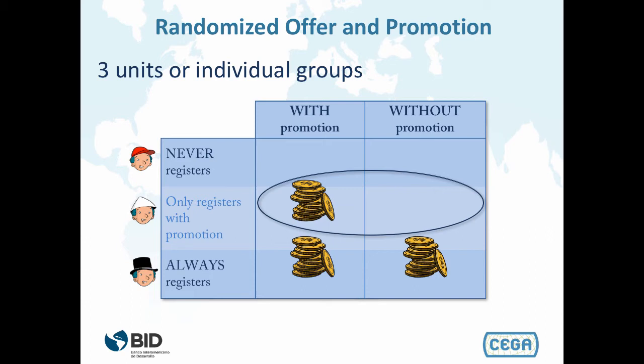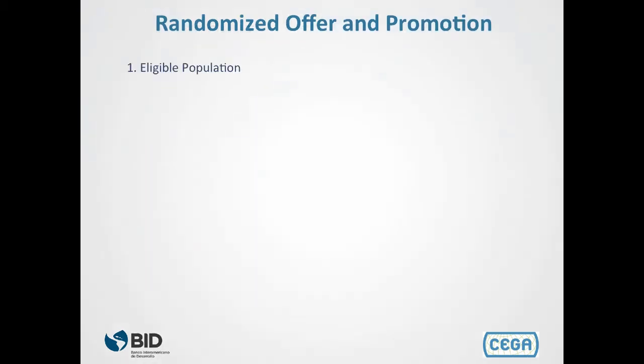The red hats never register, with or without promotion. The black hats are the group that always registers, with and without promotion. And then we have the white hats. The white hats are capricious. They only register with promotion, and they don't register without promotion. This is the group that's going to give us all the action in a randomized offer or promotion design.